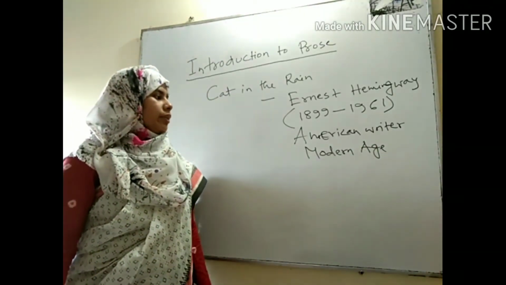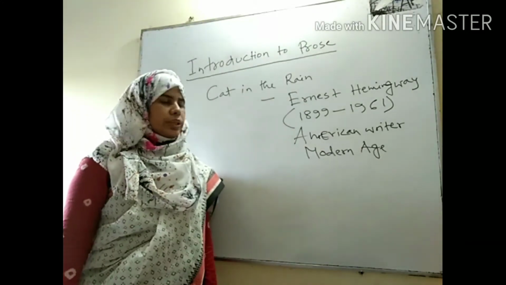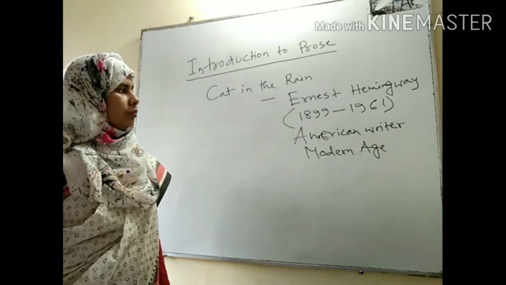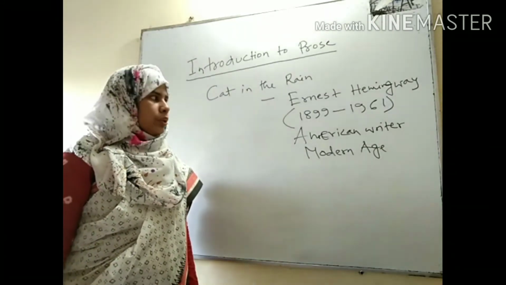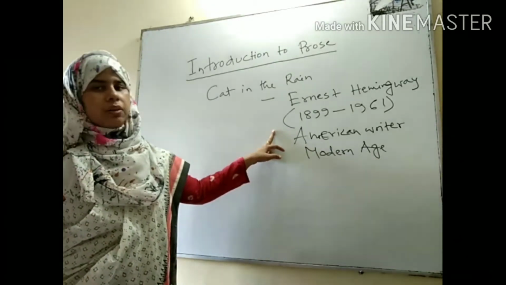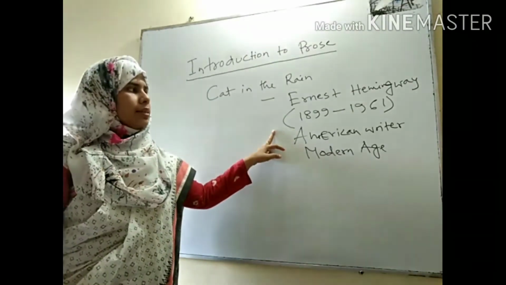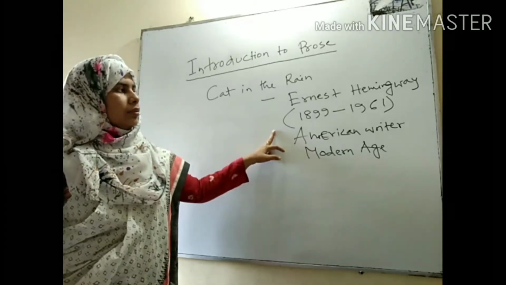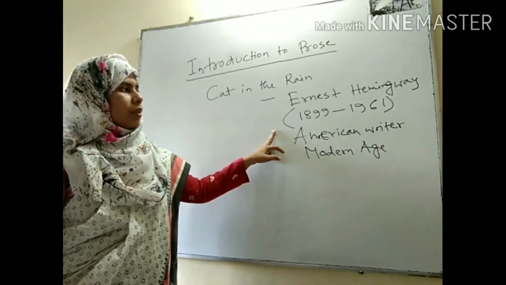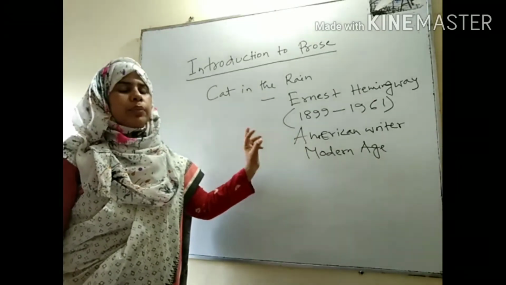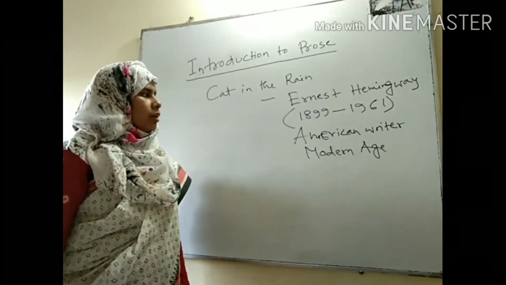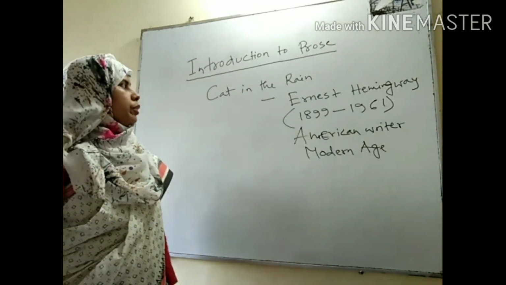He is well known for his novels and short stories. His important novels are A Farewell to Arms, The Sun Also Rises, and The Old Man and the Sea. You will study some of the novels in your third year or fourth year course. Okay, now let's start the story.